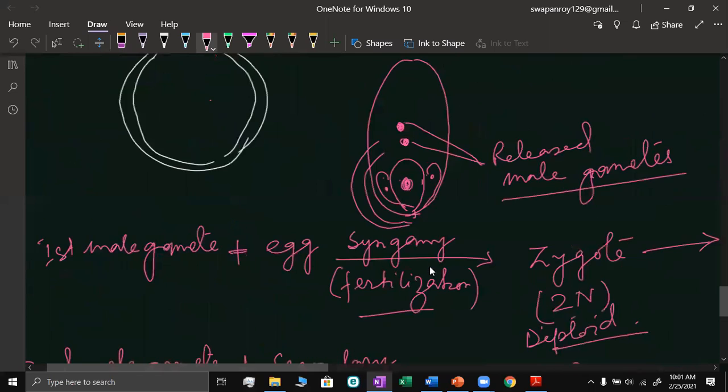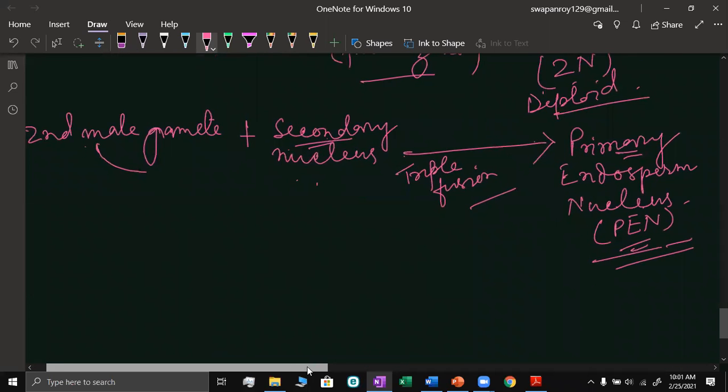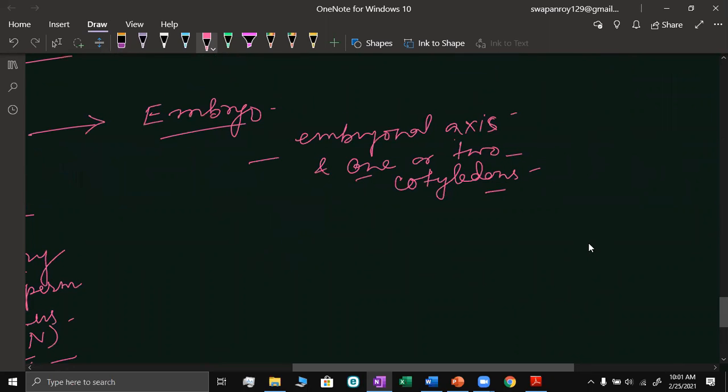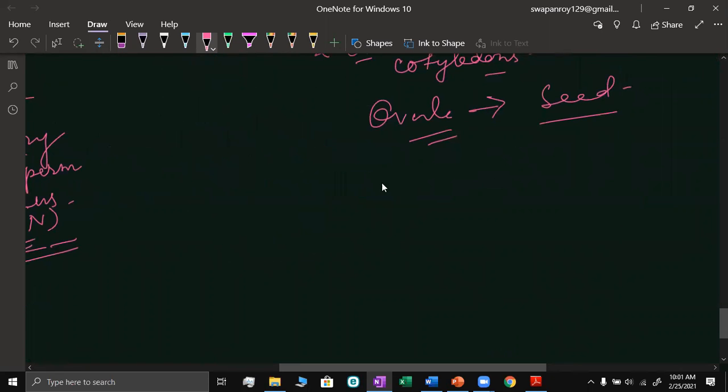After fertilization, the ovule matures and is known as the seed, and the ovary forms the fruit.